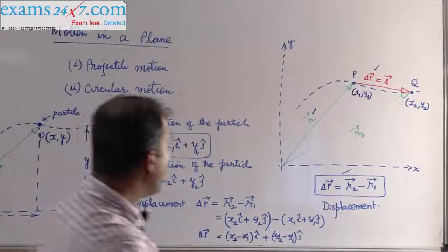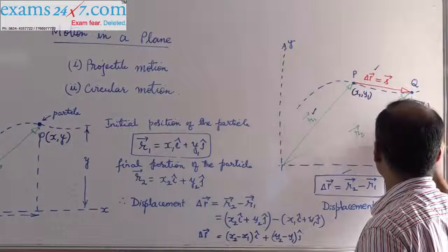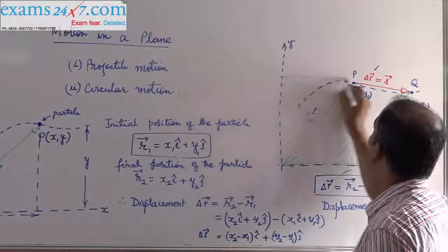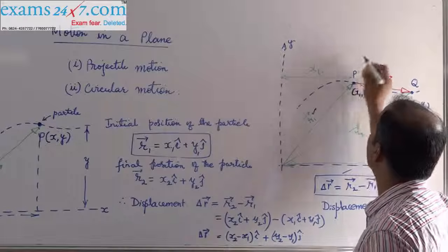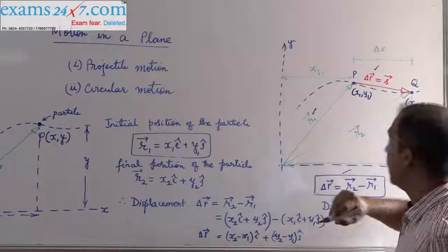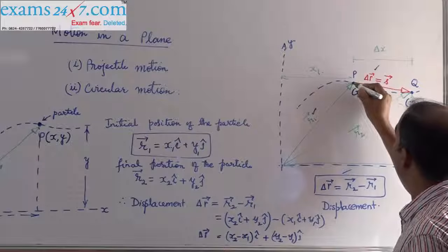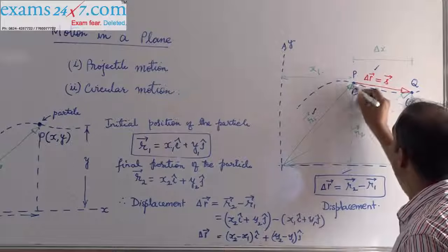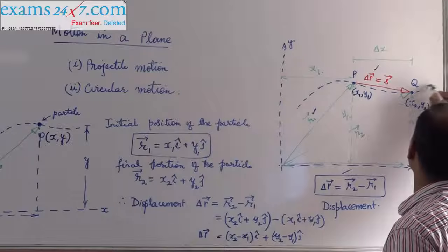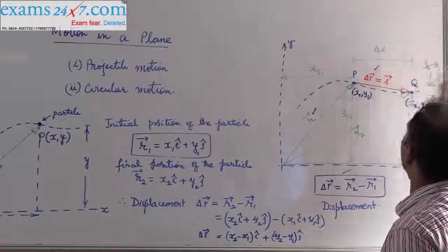But wait a minute, what is x2 minus x1? For example, this much is x2, this much is x1, so the remainder, this much, is delta x. Similarly, this much is y2 and this much is y1. So the difference between the two, which is basically this length, is y2 minus y1.